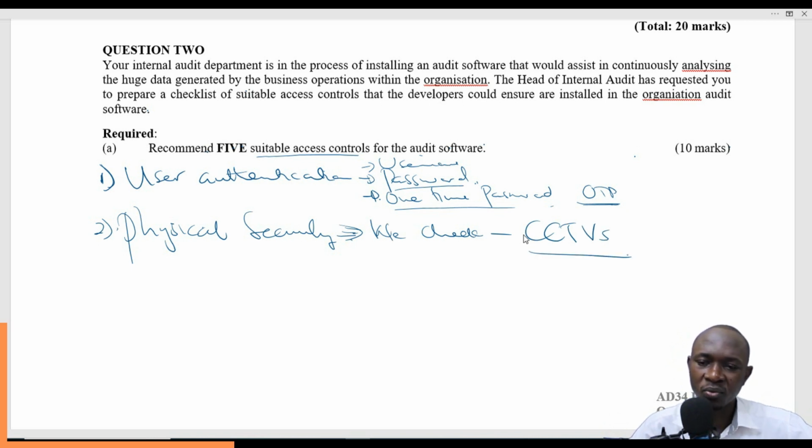We can make use of things like CCTVs just to make sure that in case anybody comes into that particular room where maybe the work is going on, then he can be monitored, and everything that he does can also be monitored.